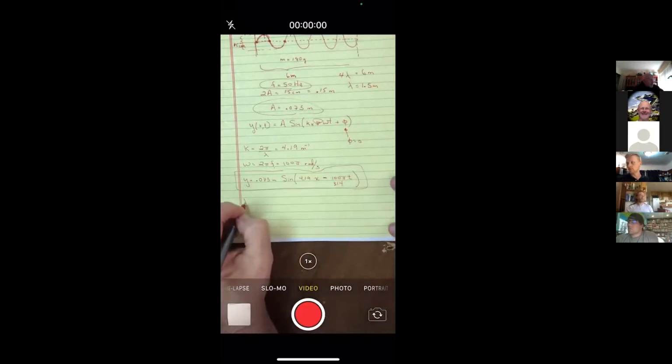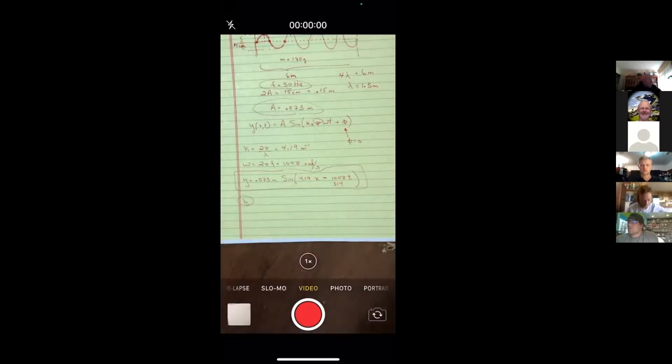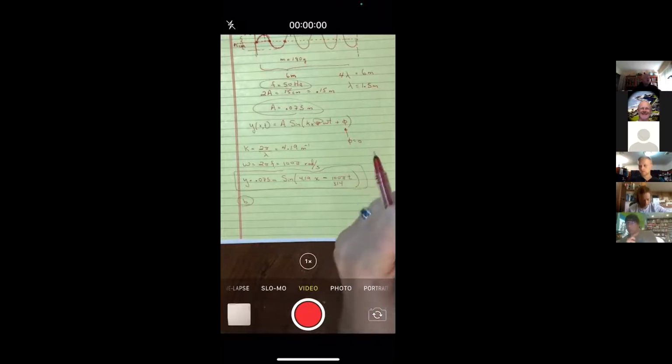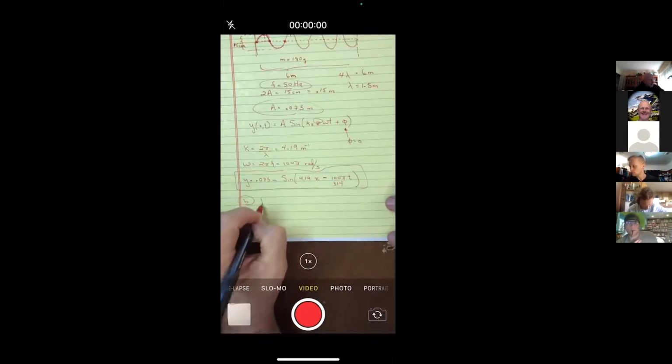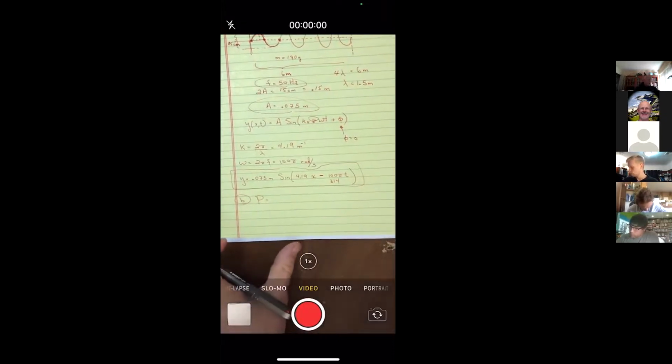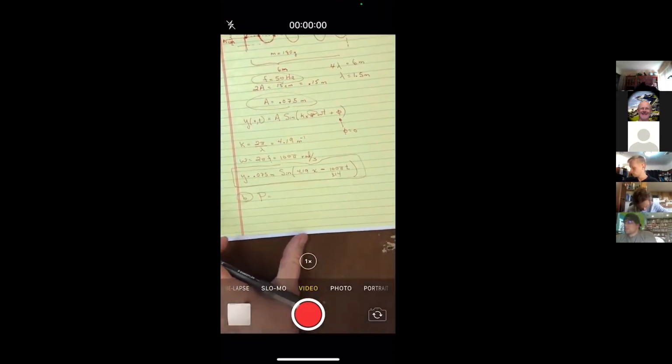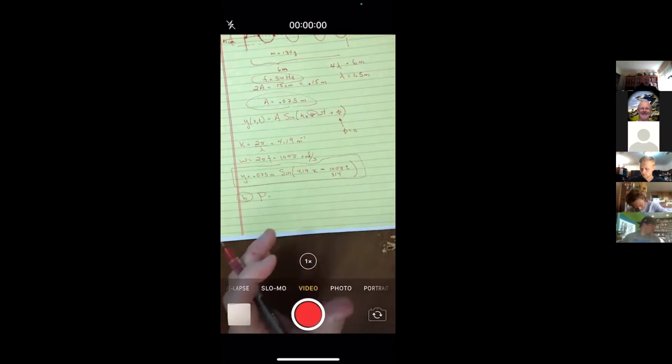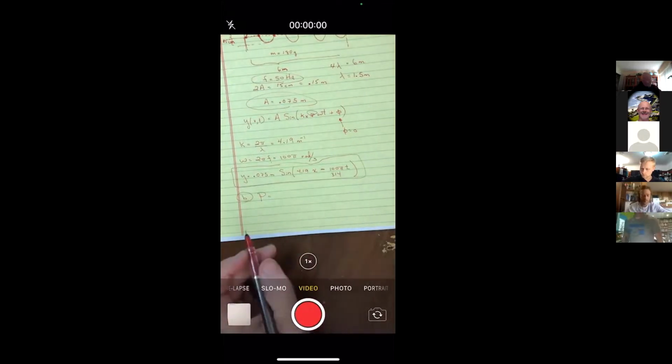And then B, and this is the first time we've seen this one today, is the energy, or excuse me, I should say the flow of energy. So it's the power that is going down a string. And if I remember those video lectures right, I'm trying to do everything so fast that I don't think I derived it. I just said something like the book does a good derivation of it, and here is the equation.